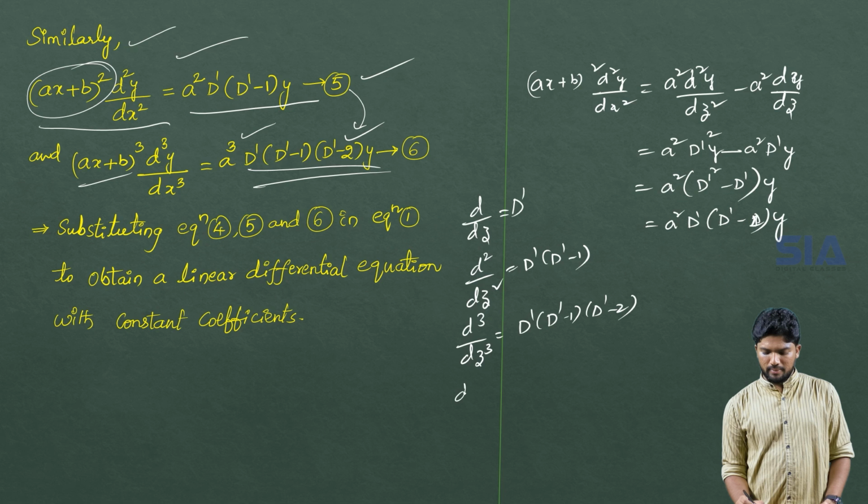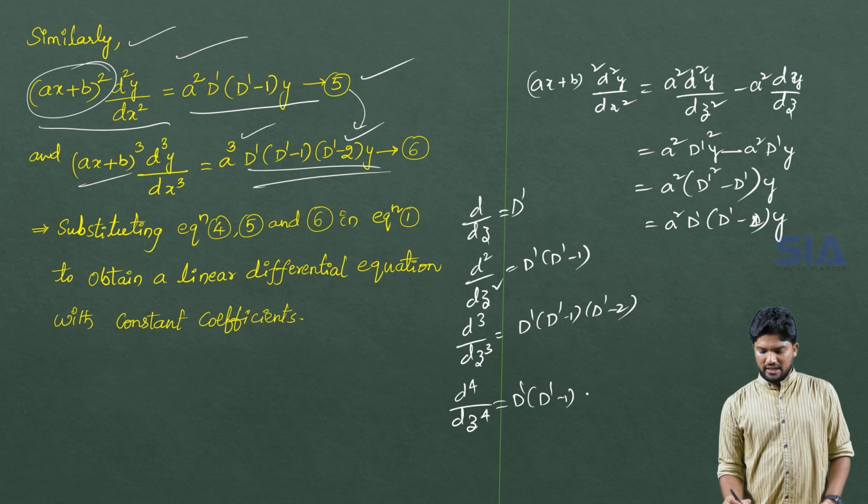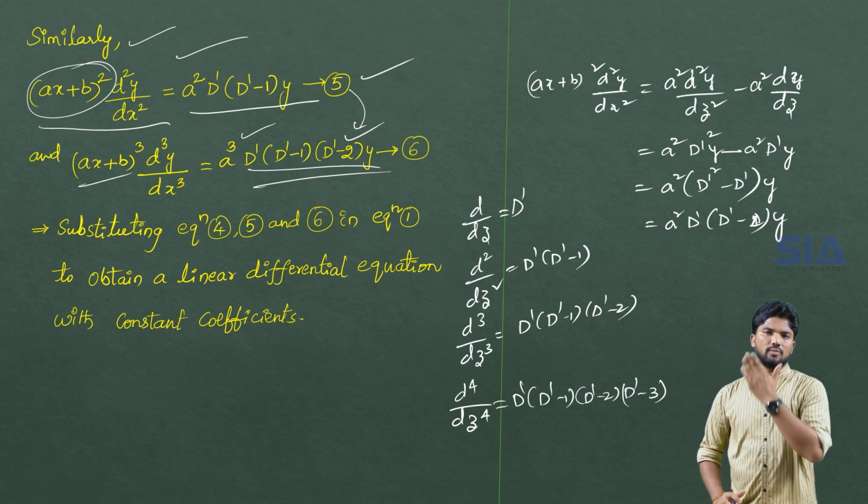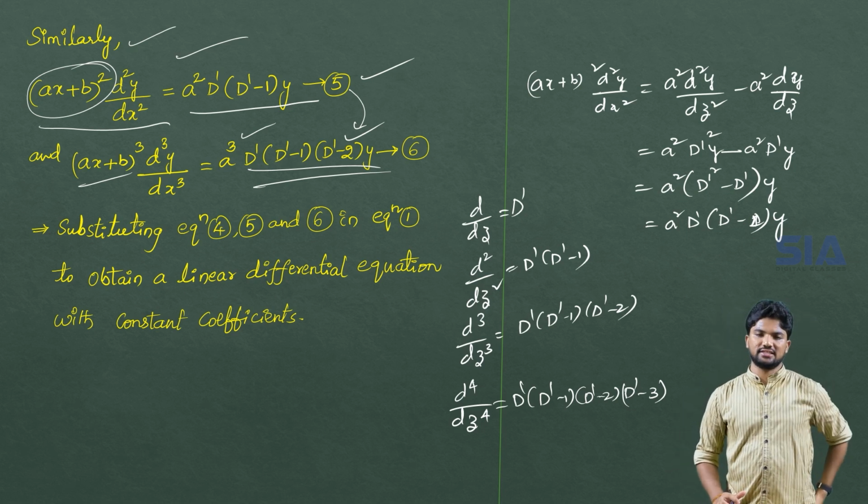For d power 4 by dz power 4, you will get D' into D' minus 1, D' minus 2, D' minus 3. So in that format, these values you have to substitute while solving problems based on Legendre's linear equation.